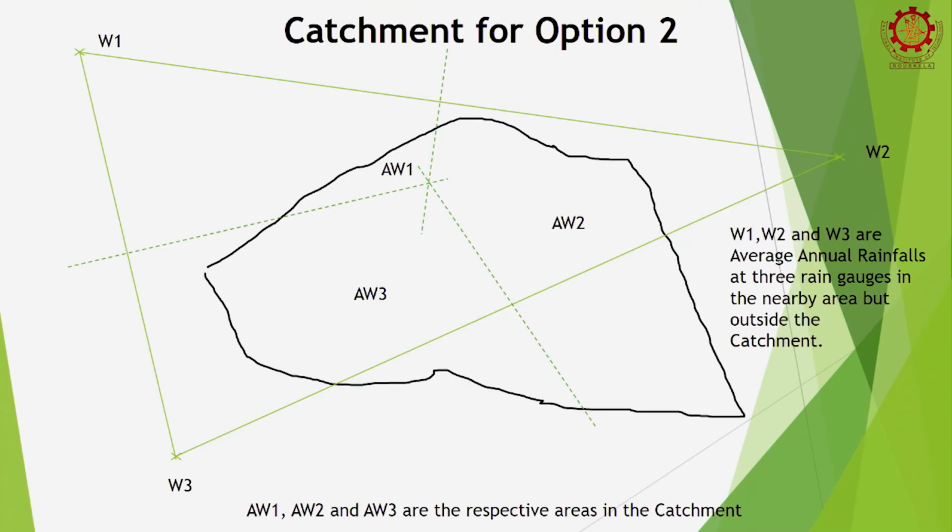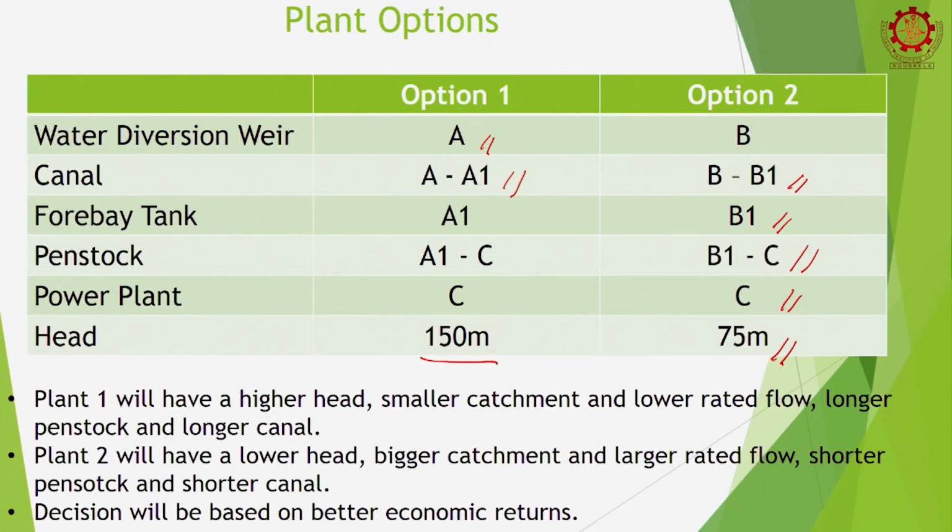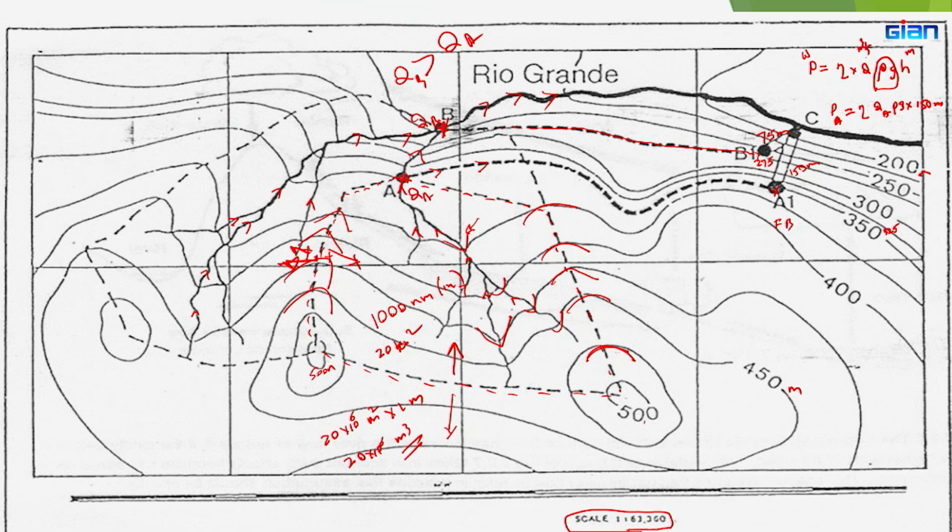I have marked here, for project B for example, the catchment area. You can see project B is this one. So the catchment area is like this. It includes project A also, because the water in project A also comes into it.